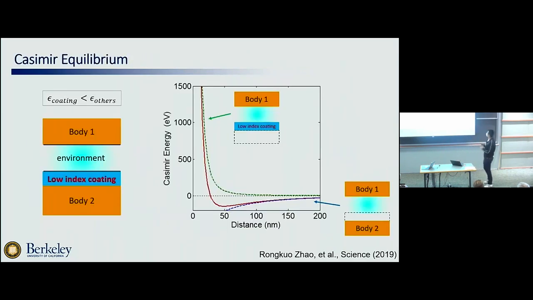And that actually agrees with our calculation, where the red curve is the total Casimir energy of the four-body structure, while the green curve is when we remove body two in the calculation, and it agrees well with the red curve at small distance. The blue curve is the calculation without the low index coating, and it agrees well with the red curve at far distance.